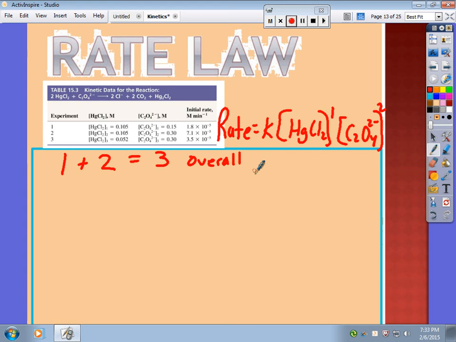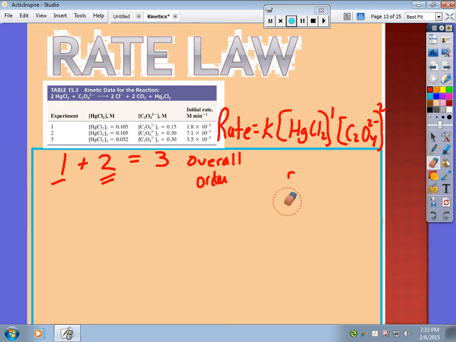Well, if I had an overall order of 5,000, what would that tell me about my reactants if I had these same two reactants or similar reactants and I changed them? If I changed the concentration, it would make the rate go crazy. What's this do? This doubles it and this quadruples it. So overall order, the lower the overall order, it tells you how reactive or how influential changing the concentration of the ions are on what's going on in a reaction.